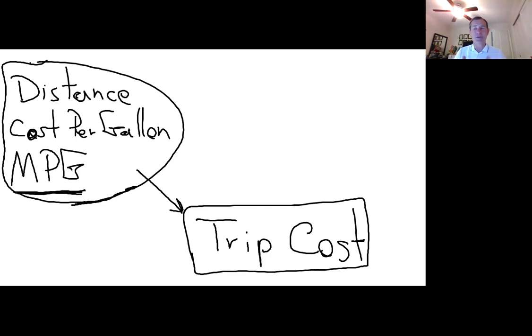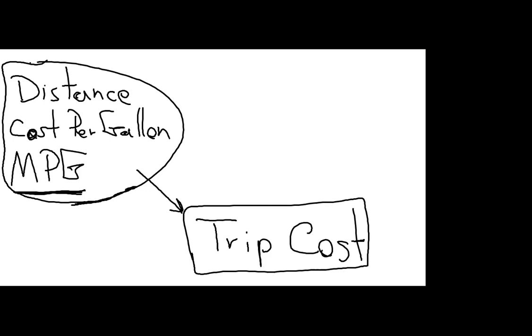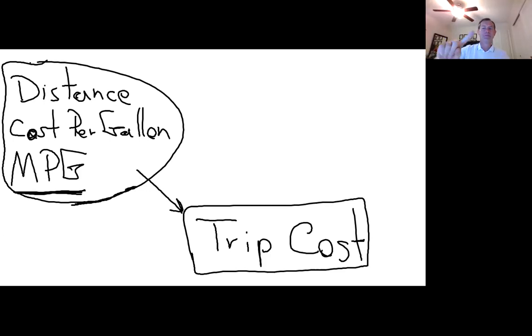And so when he used to do this, and why would you do this? Why would you want to know how much it costs to go from point A to point B? What would be a practical use of this? My dad used to do it every week. To see if you need to stop for gas or not? No, because there's that gauge. And usually it works.